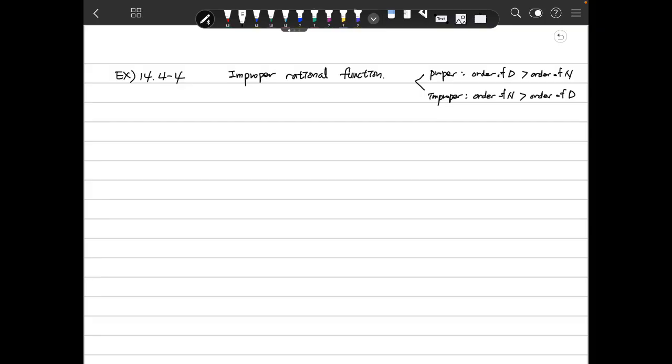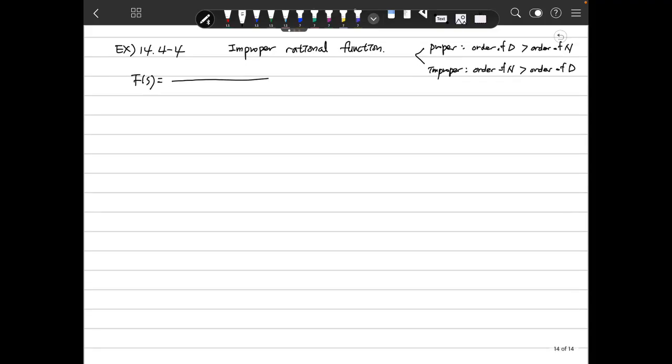So this is quite interesting. In this example, F(s) was (s squared plus 5s plus 6) and (4s cubed plus 15s squared plus s plus 3).